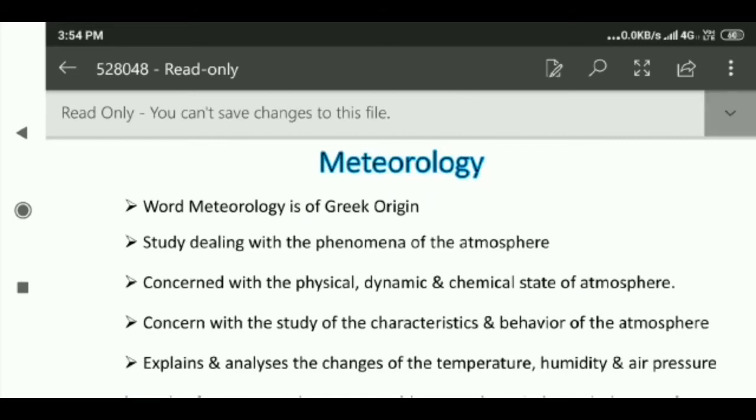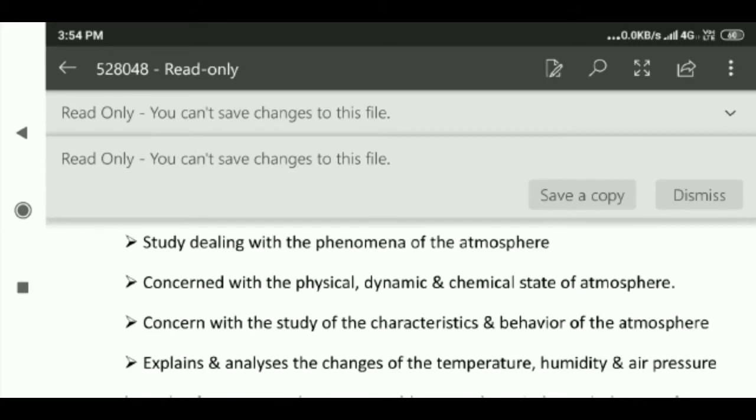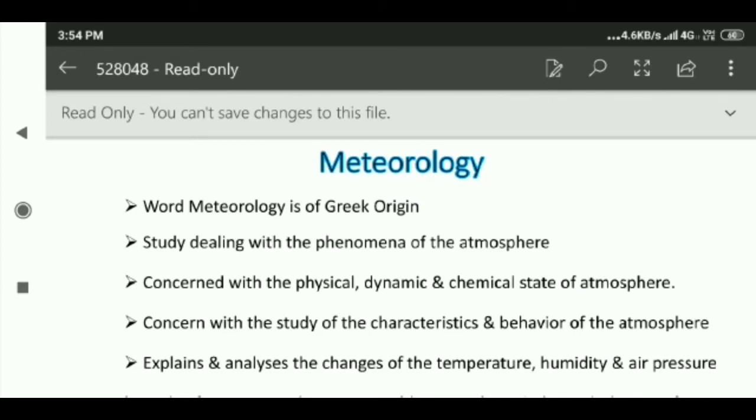It is mainly concerned with the physical analysis of the individual weather elements. It explains and analyzes the changes of temperature, humidity and air pressure that are brought about due to the effect of insolation on the Earth's surface.